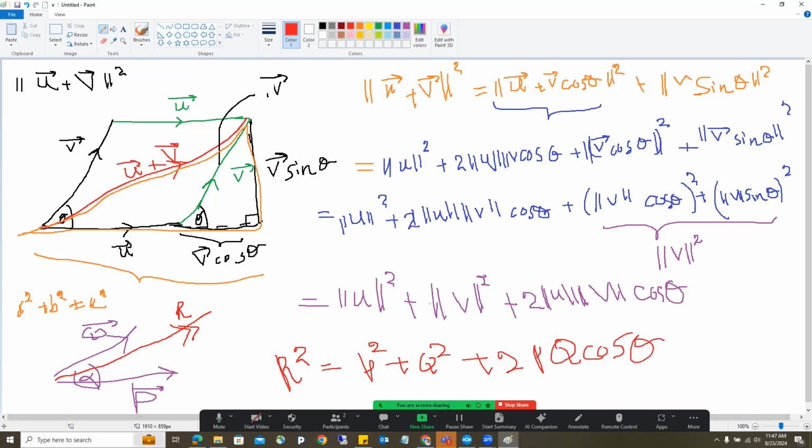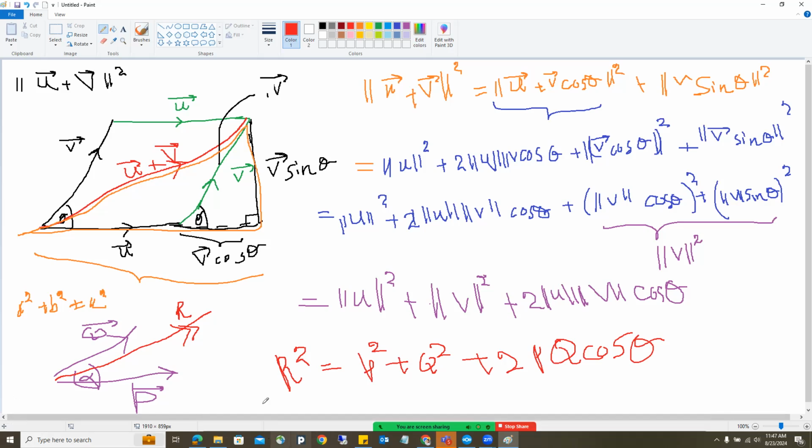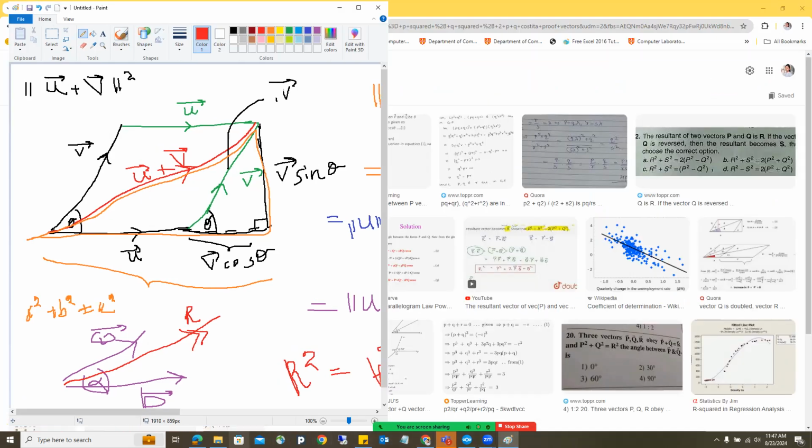That's how it works. Is it clear now? Up to somewhat? Yes. So that is it.